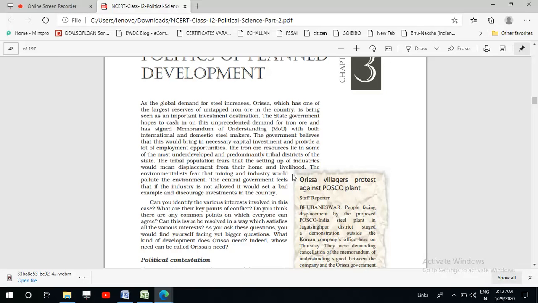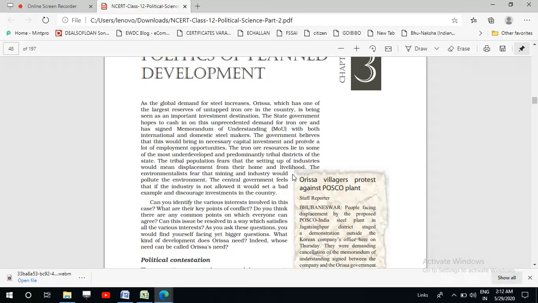So the Odisha government is of the view that the international and domestic steel makers must reach Odisha. They must use the untapped coal reserve of Odisha, and they must set up their units in Odisha, so that the capital flow will increase and employment will also be generated.